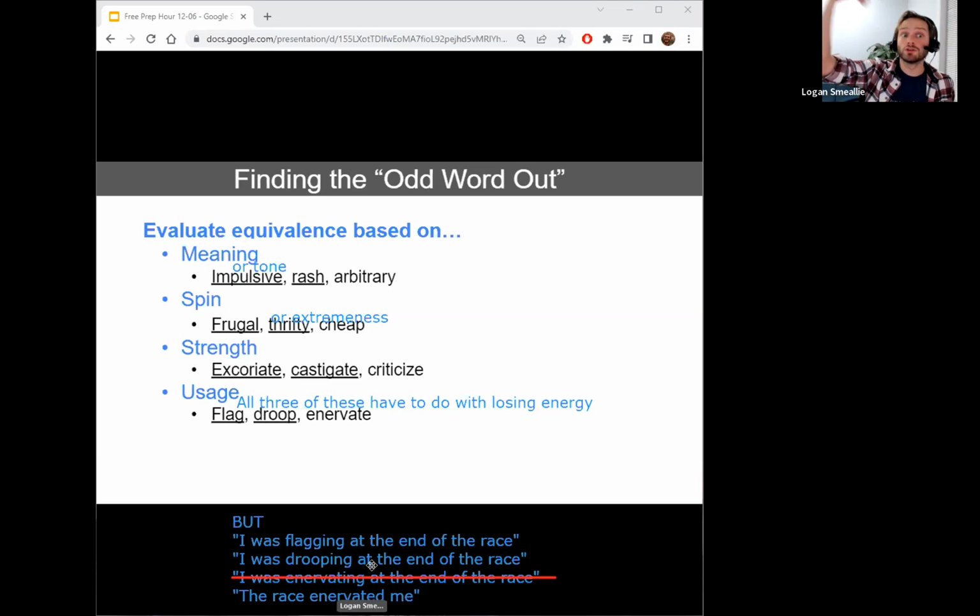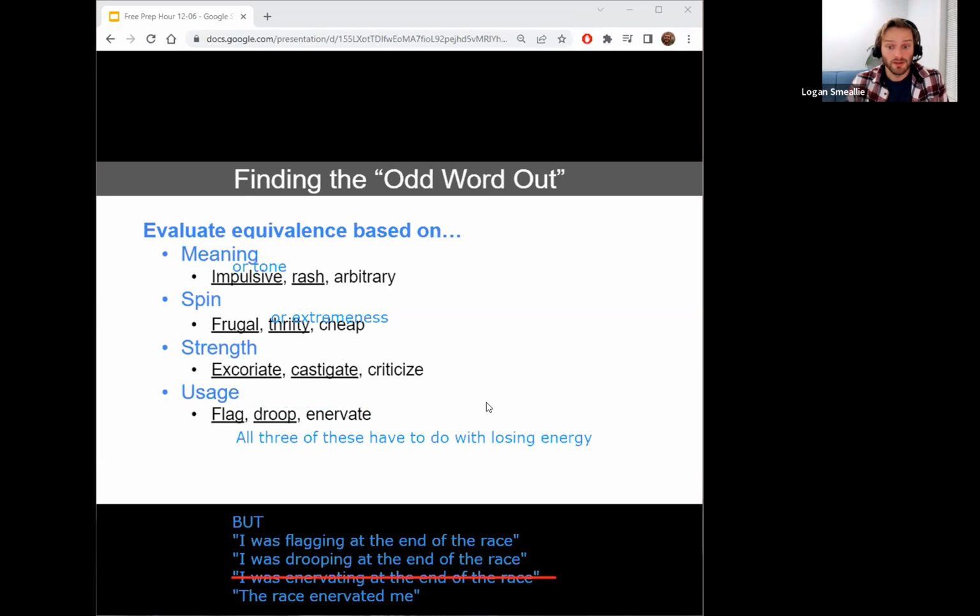It's done by something to something else, right? Whereas flag and droop is something that's happening internally. So that's a different grammatical usage. Now, that is sort of a more rare case of how you might break one of these triples, but it can come up. So that's why enervate is the odd word out.